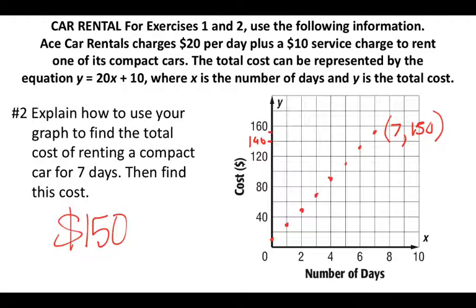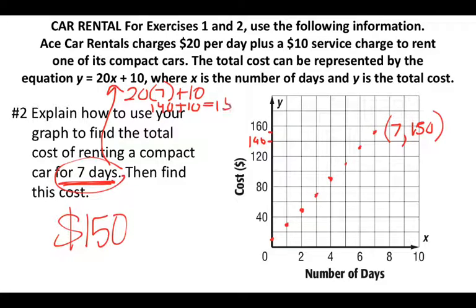Now you can double check yourself a few ways. You could use the online graphing calculator, or you can use your equation. We know that x is the day. And you could double check yourself by substituting 7 in for the x, just to make sure you have the right answer. It's 140 plus 10, which is 150. So I know I'm right. What we need to be careful of is this is asking us, explain how to use your graph.